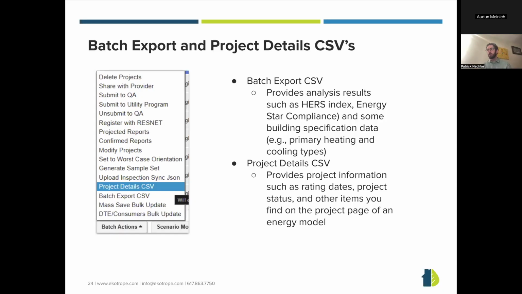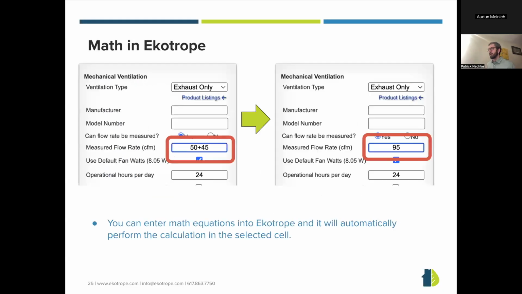So the batch export will show information from the quick results panel, like HER score, Energy Star compliance target, ERI target, what type of cooling and heating and hot water system a home has, information from the building design. So if you wanted to pull that on a large batch of projects, you could do that. Both of those are very useful, and you should give them a shot if you haven't.